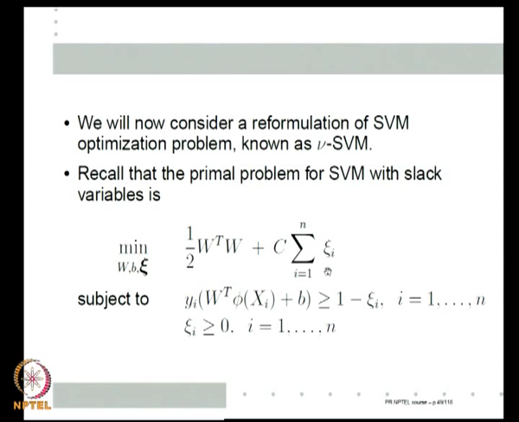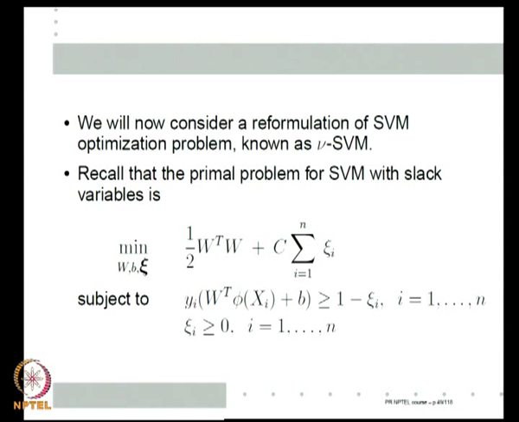Instead of misclassifying only one by a large margin, I may settle for something that misclassifies 100 patterns, each by a small margin. This summation of xi_i, I really do not know what it is doing. So, I cannot give any physical meaning to C.